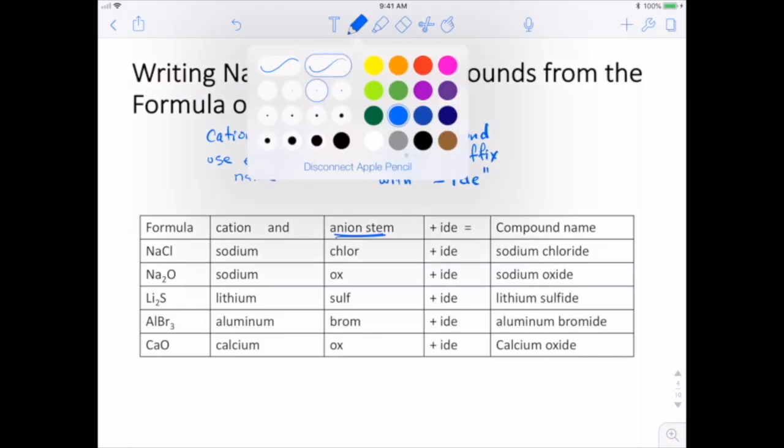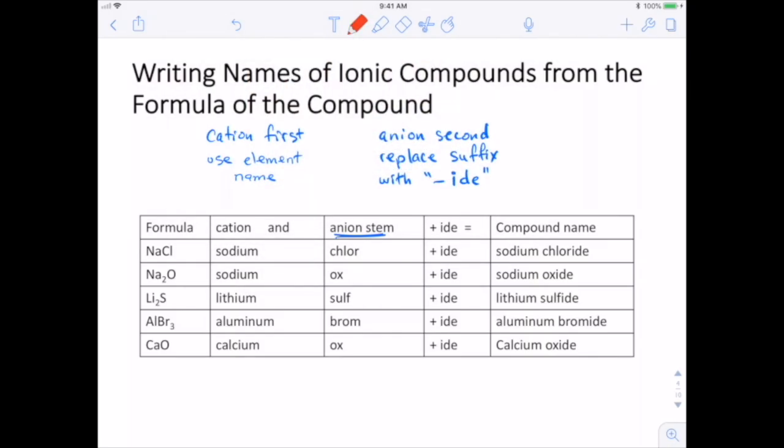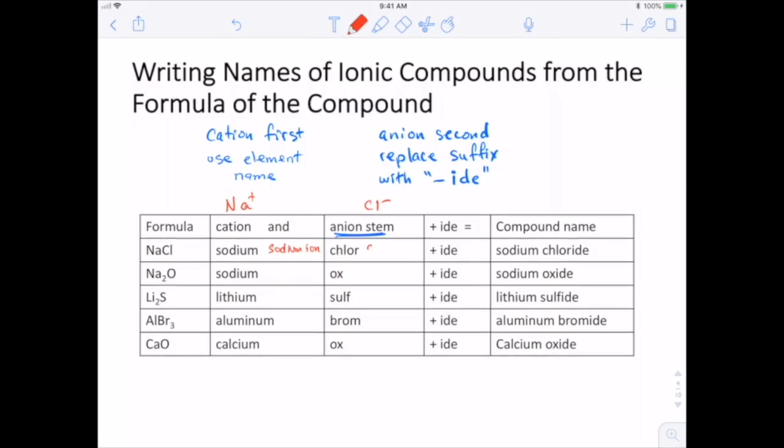Now, if you wanted to talk about these ions separately, you would refer to, for example, this as the sodium ion, and this you would refer to now as the chloride ion. All right, so the cation, it's the same element, you just put ion at the end of it. So the sodium ion, the lithium ion, the aluminum ion.